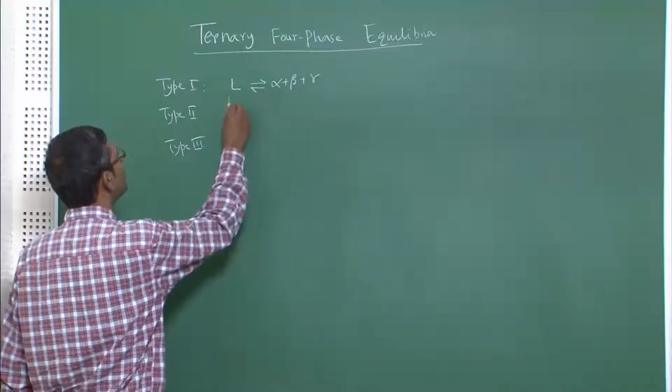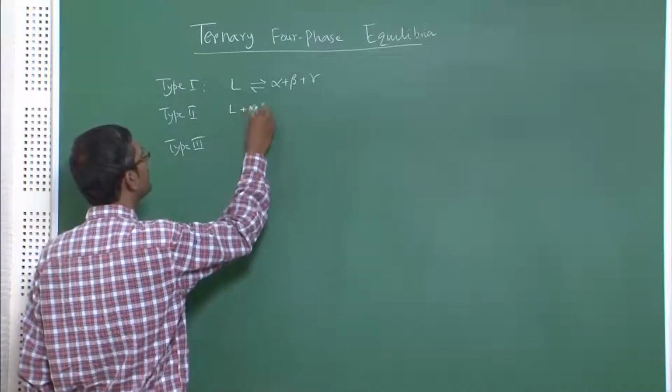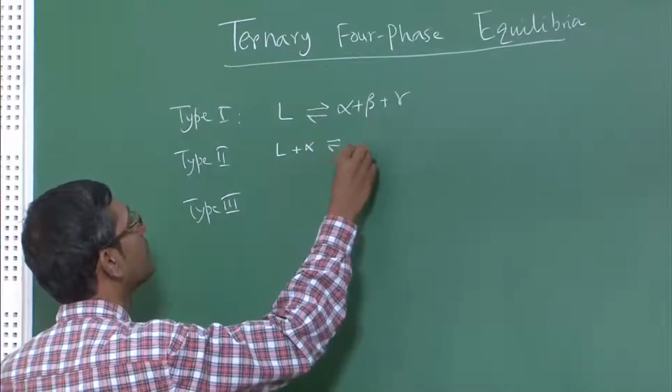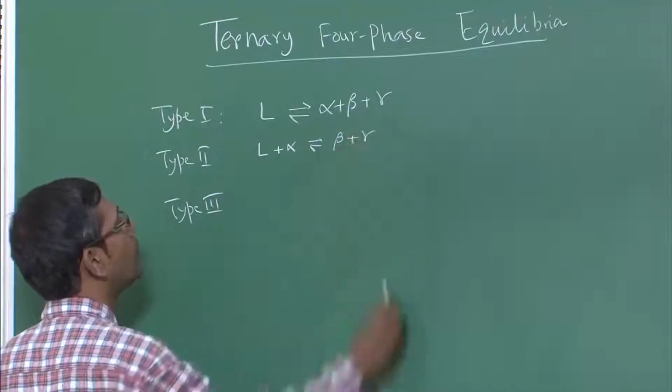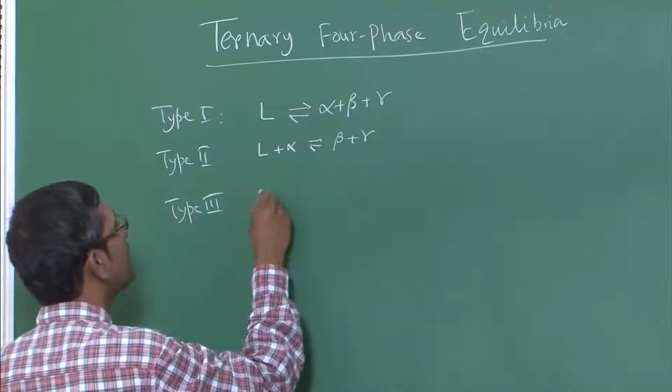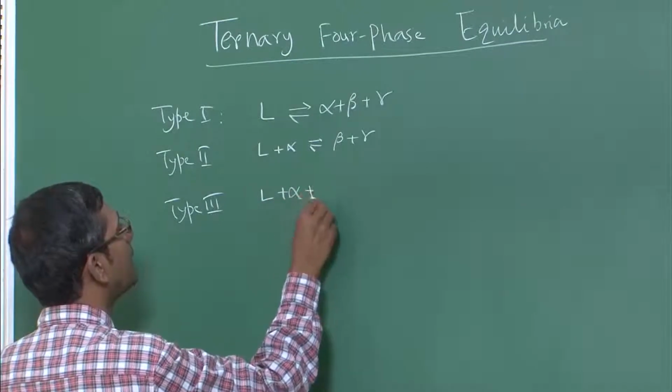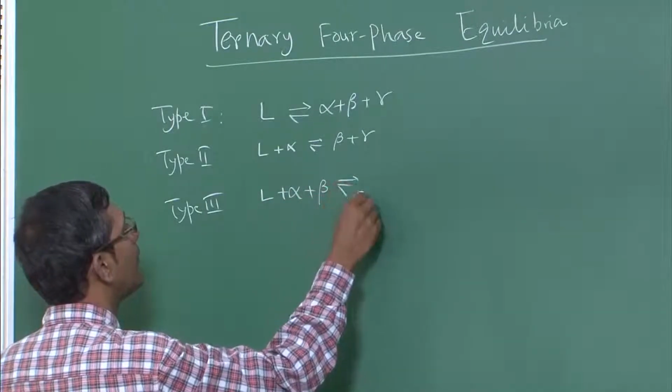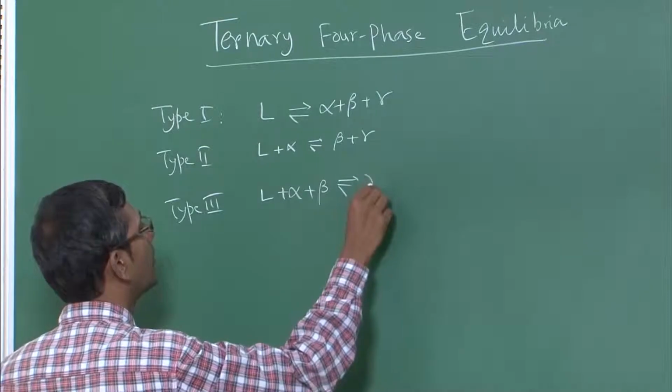Type 2 is quasi-peritectic, where liquid reacts with alpha forming two phases, beta and gamma, and type 3 is ternary peritectic, where alpha, beta and liquid react and form gamma.